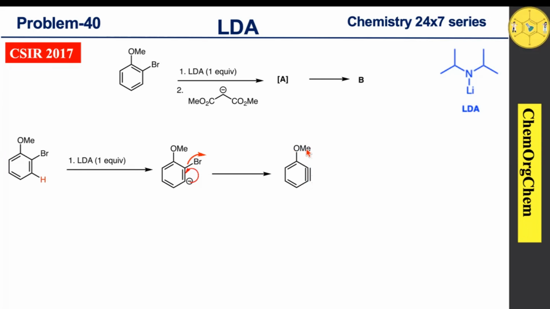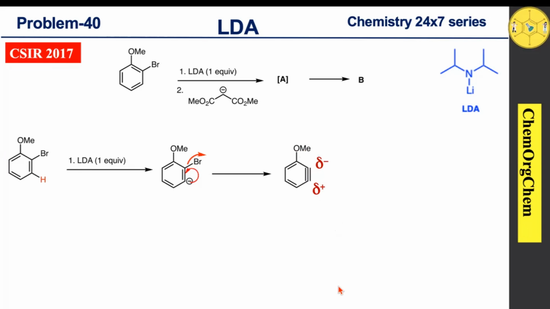Here the methoxy group acts as an electron withdrawing group inductively, which means the minus I effect. Based on that, this methoxy oxygen now pulls electrons from this center, which makes this center slightly electron deficient, while this position has a slightly electron rich character.